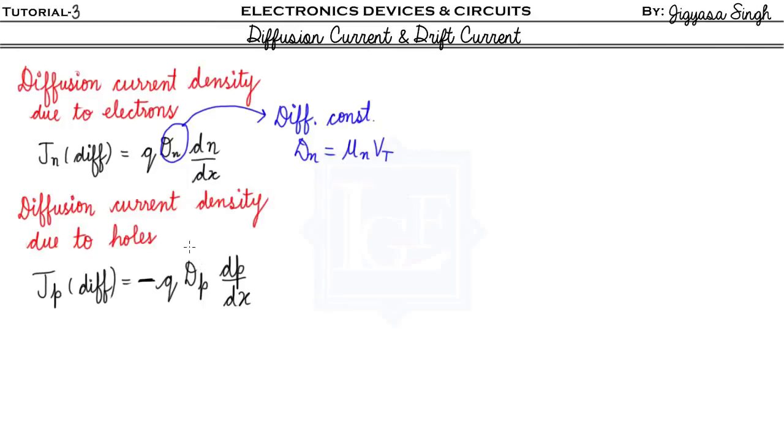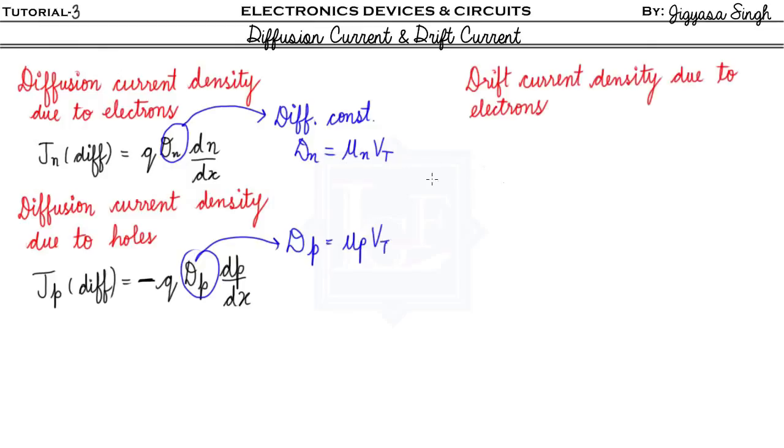Similarly for this one, if you can recall the diffusion coefficient, this was simply mu p Vt, right? Now the drift current density due to the electrons is given by Jn.